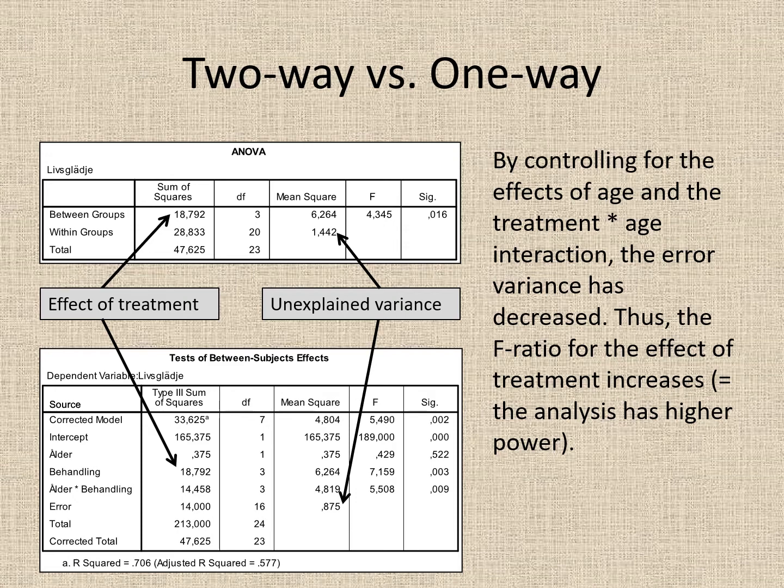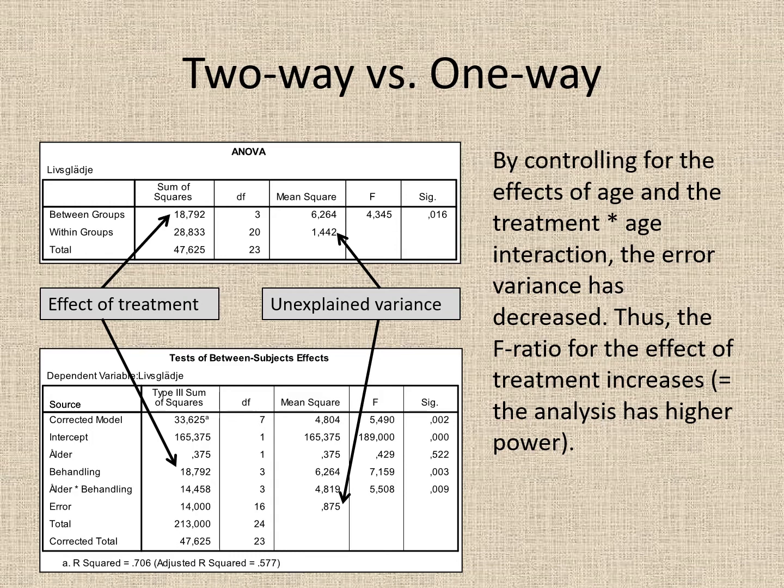Where does the variance that depends on age end up? Within groups. Yes, it's included there. Everything that is not due to treatment is treated as within groups, as error variance. Here, although the effect of age is not very big, it still explains a little bit of the variance. And therefore, the error variance decreases.